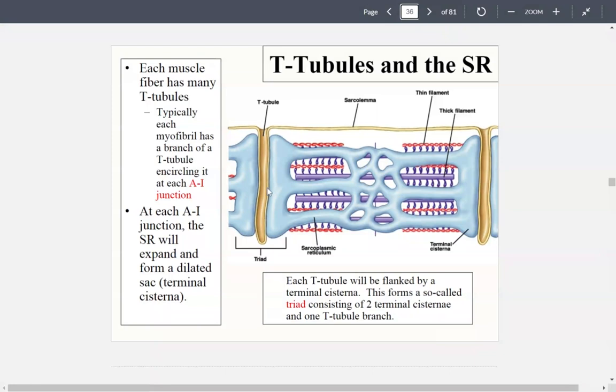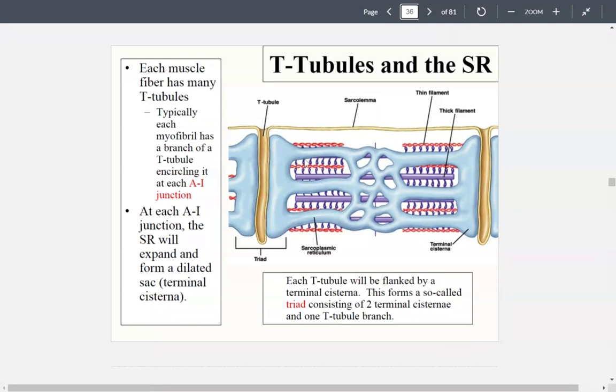Off of each side of this are what we refer to as lateral sacs. These lateral sacs are going to extend into the sarcoplasmic reticulum and are going to enable the flooding of calcium into the sarcoplasm, which will enable the contraction to occur.